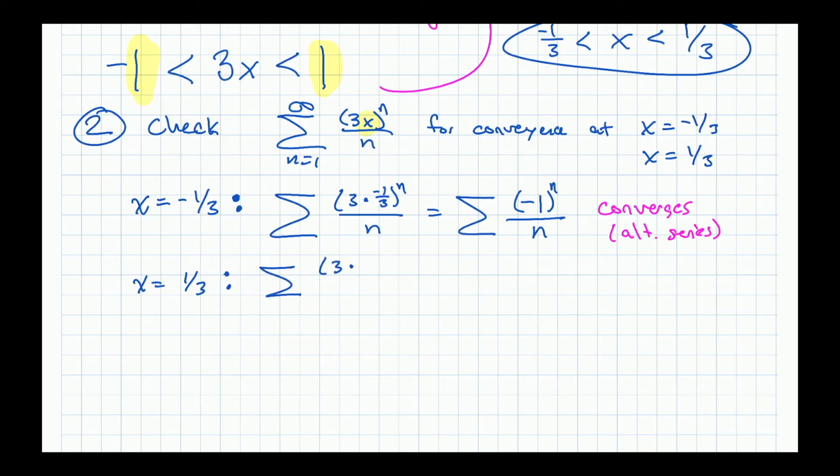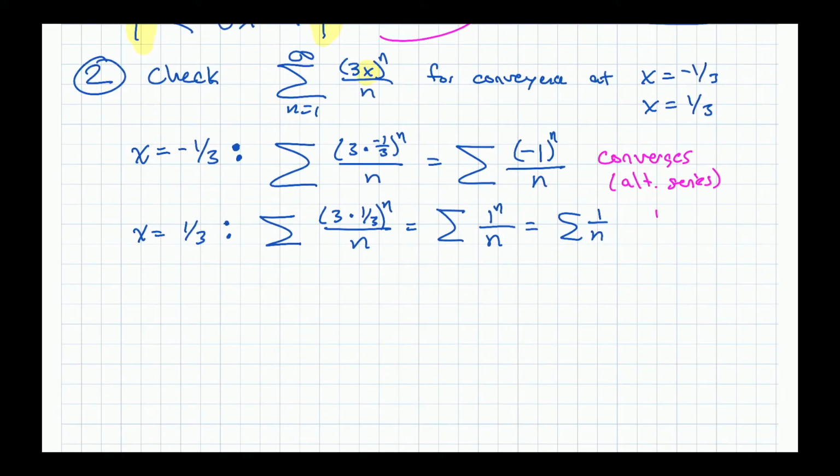Just take your pick. So you put in a positive 1/3 and start over, which is 1 to the n over n. But of course, 1 to the n is just 1. So this is the series 1 over n. And you need to look at that and identify it as a divergent series.